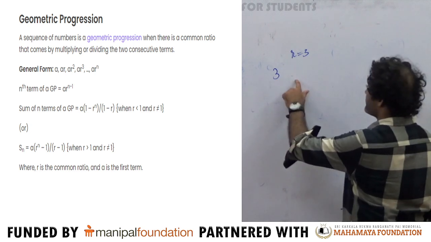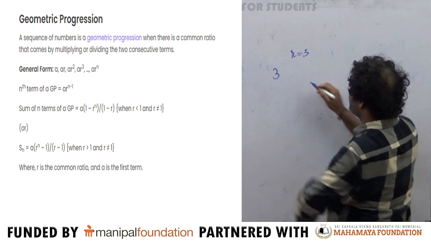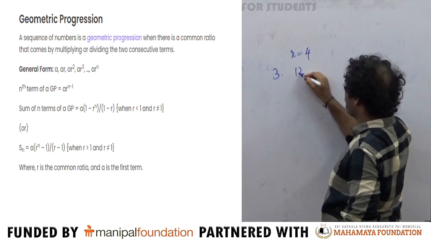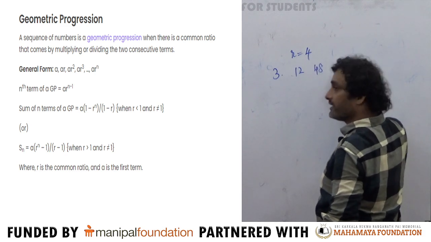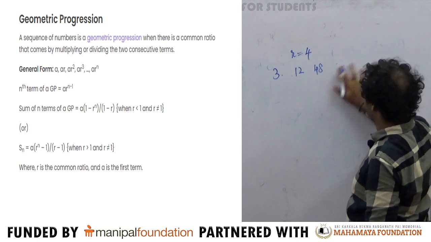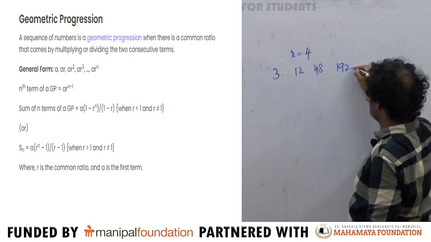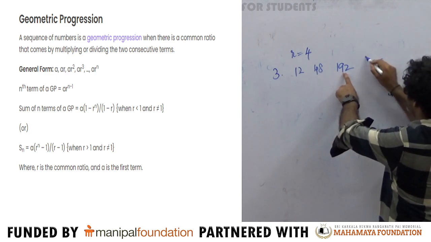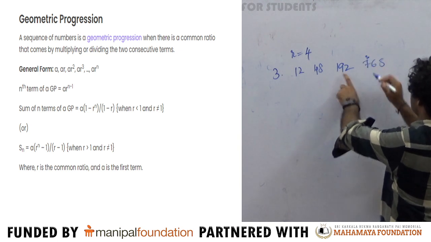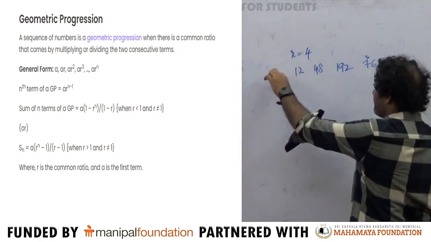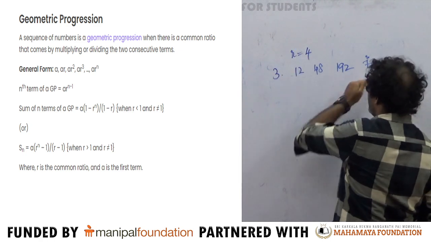If you want the next term, multiply by 4. 3 into 4 is 12. 12 into 4 is 48. 48 into 4 is 192. And 192 into 4 is 768. So it goes on. If you have the first term and R, you can go ahead like this.